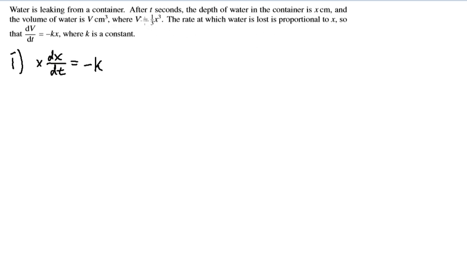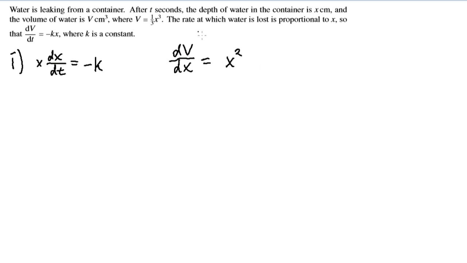So we have a volume to height or depth relationship. When you see that, it's probably a good idea to just differentiate that anyway, because you will use it. So dv by dx is equal to 3 times a third, which is x squared.